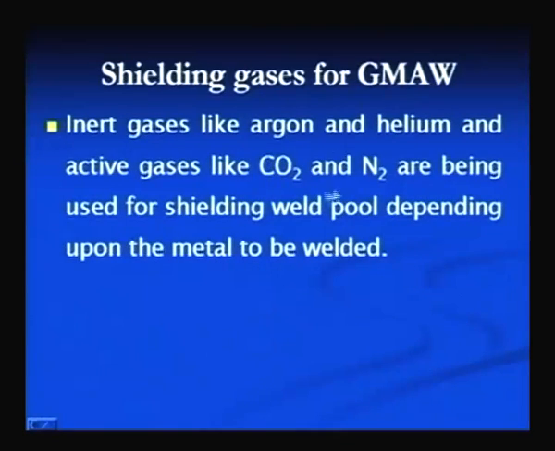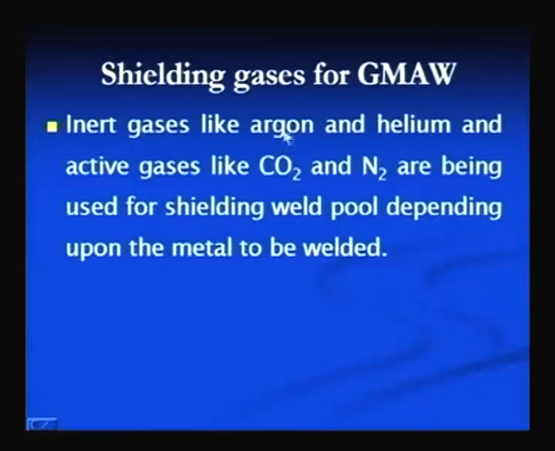CO2 or oxygen and CO2, hydrogen and CO2 or CO2 and nitrogen mixtures are used for welding of the steels or the ferrous metals, while when high quality welds are to be produced, argon is used as a shielding gas, particularly with the ferrous metals.